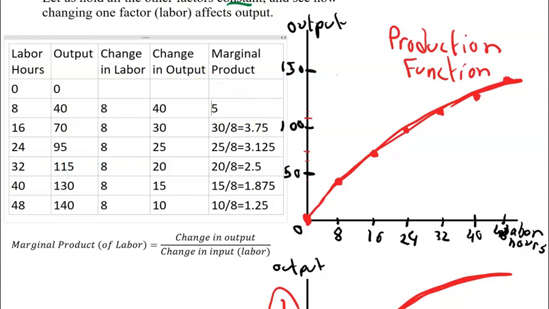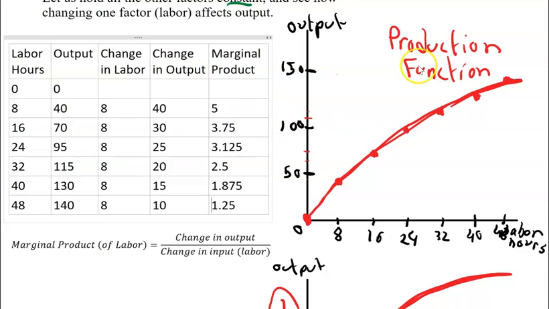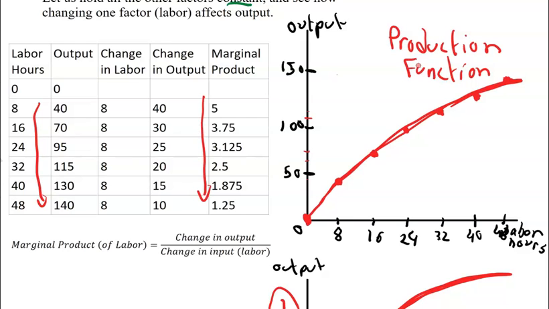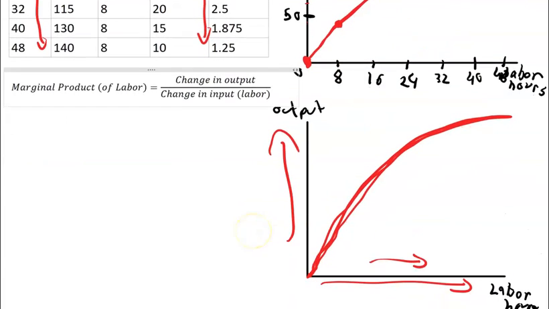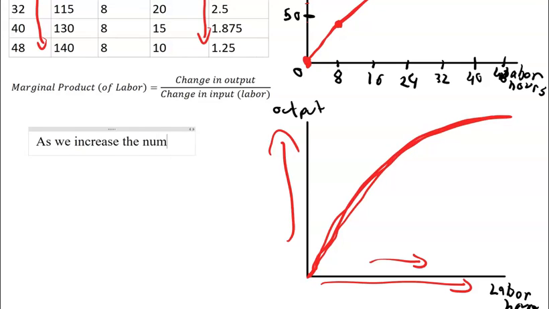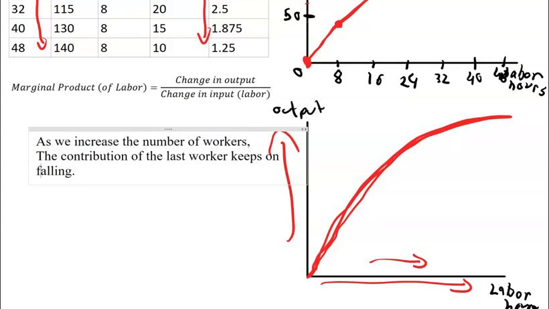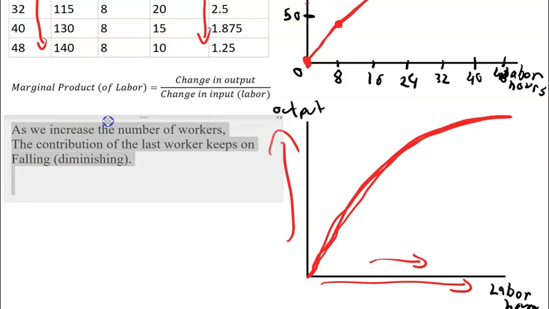So from here we can see that as we increase the number of labor hours, the marginal product, that is the output per hour of each worker, is falling as we go. We can say that as we increase the number of workers, the contribution of the last worker keeps on falling, or instead of falling, we can say diminishing. From here, we can talk about the law of diminishing marginal returns.